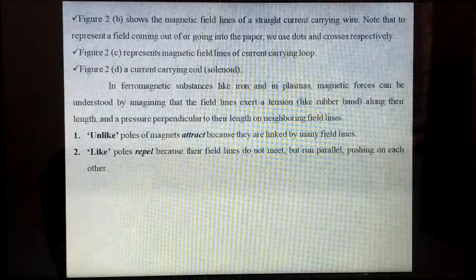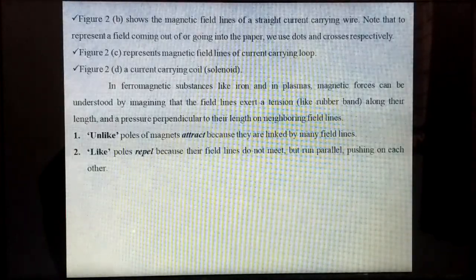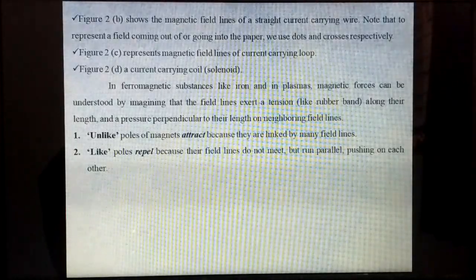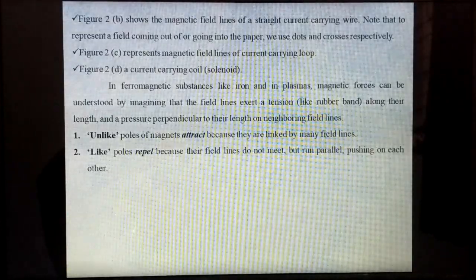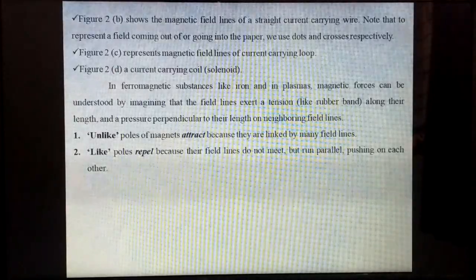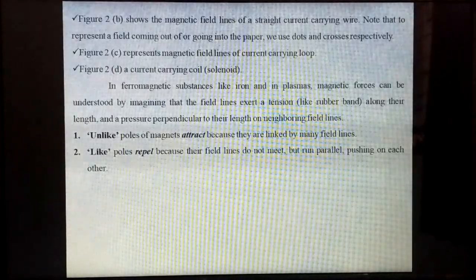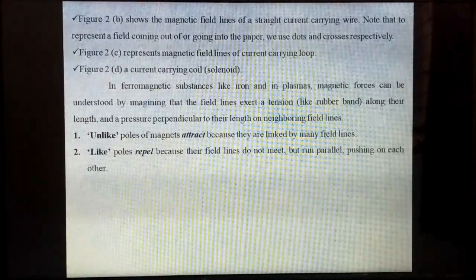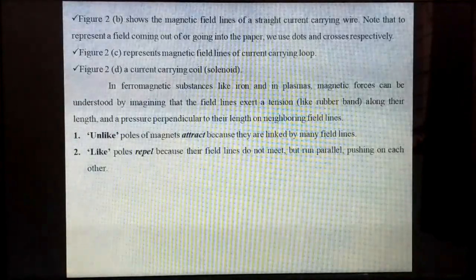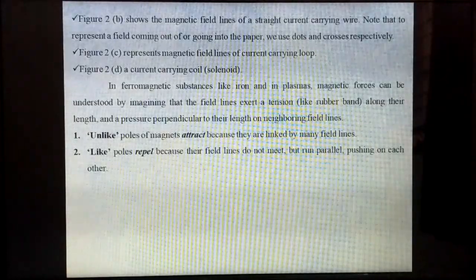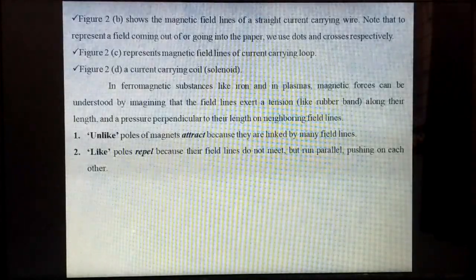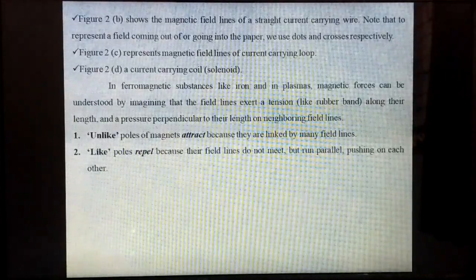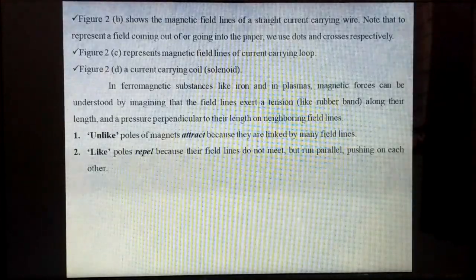First, unlike poles of magnets attract because they are linked by many field lines. Second, like poles repel because their field lines do not meet. They do not pass directly but run parallel, pushing on each other. This is the magnetic field.